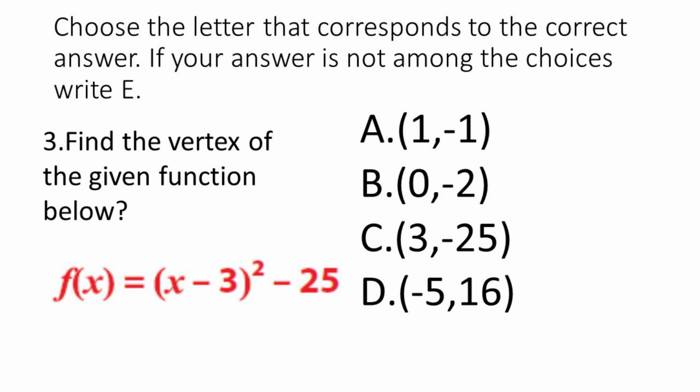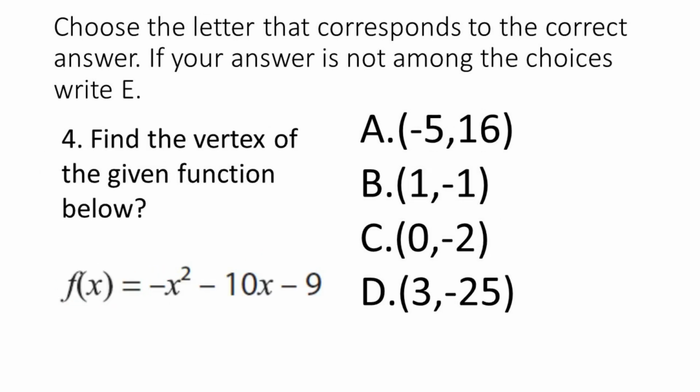A, 1, negative 1, B, 0, negative 2, C, 3, negative 25, and D, negative 5, 16. Number 4. Find the vertex of the given function below. A, negative 5, 16, B, 1, negative 1, C, 0, negative 2, and D, 3, negative 25.